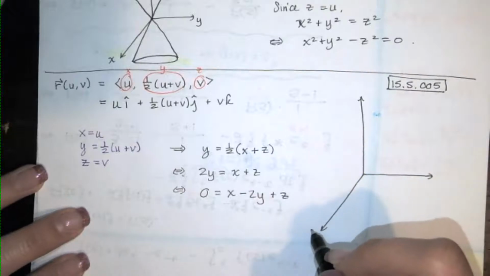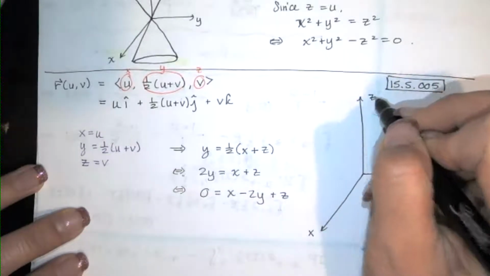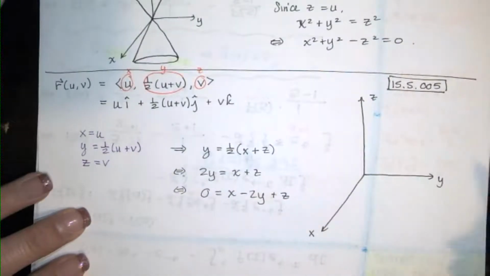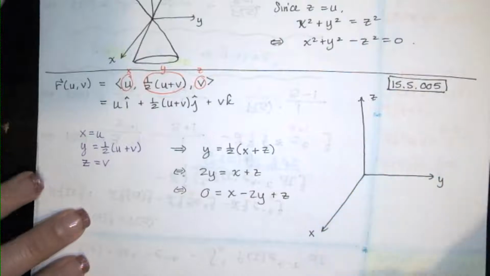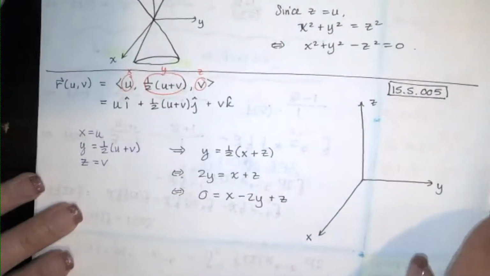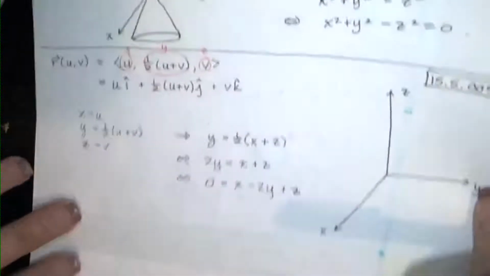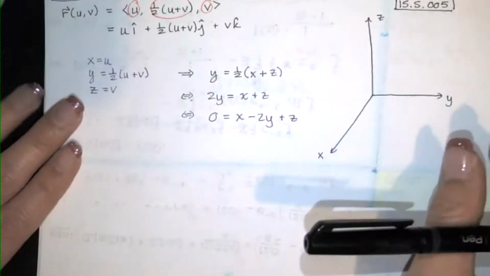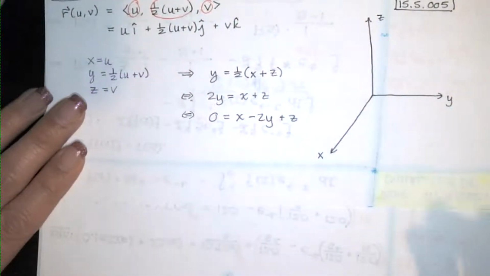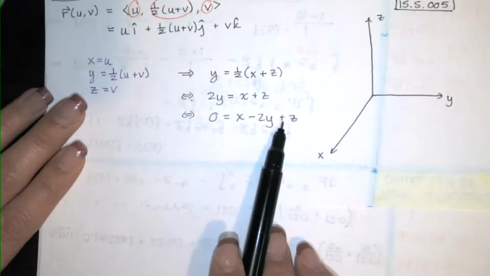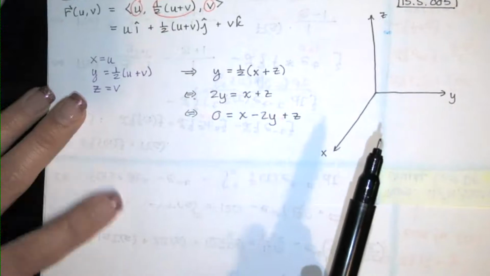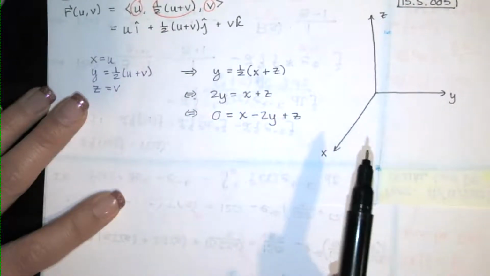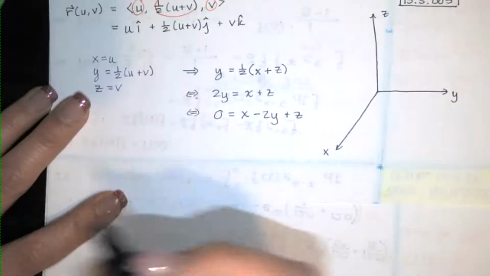Now, typically when we want to draw the plane in three-dimensional space, we often draw the first octant portion of the plane by letting 2 of the variables equal 0 and figuring out what the third variable would have to be. But if 2 of the variables were equal to 0 here, the third would obviously be 0. So we've got to do something else in order to sketch this plane.